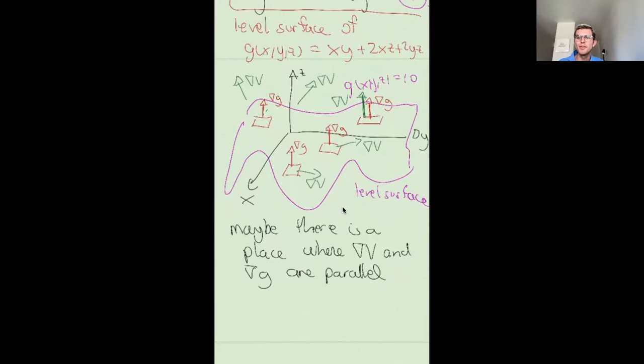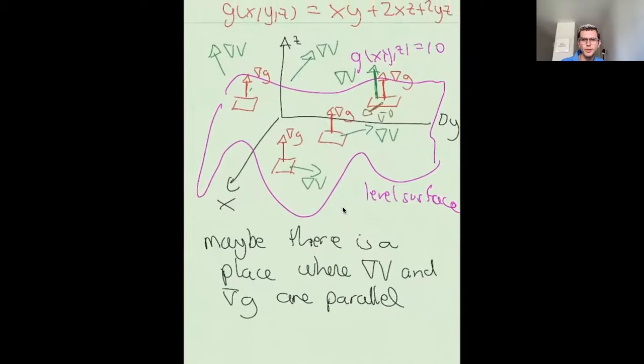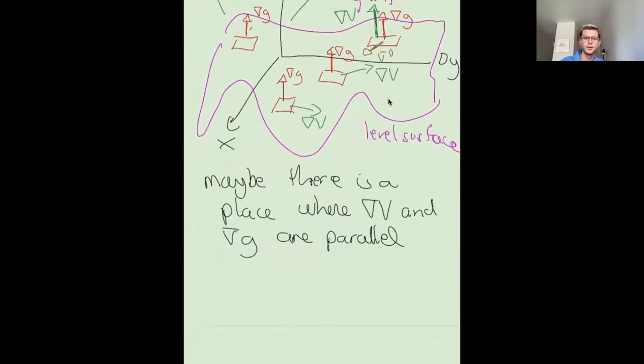And why would that be useful? Because imagine that you are at this location where the gradients are parallel and you move in a direction along the surface. What would be the directional derivative of the volume?